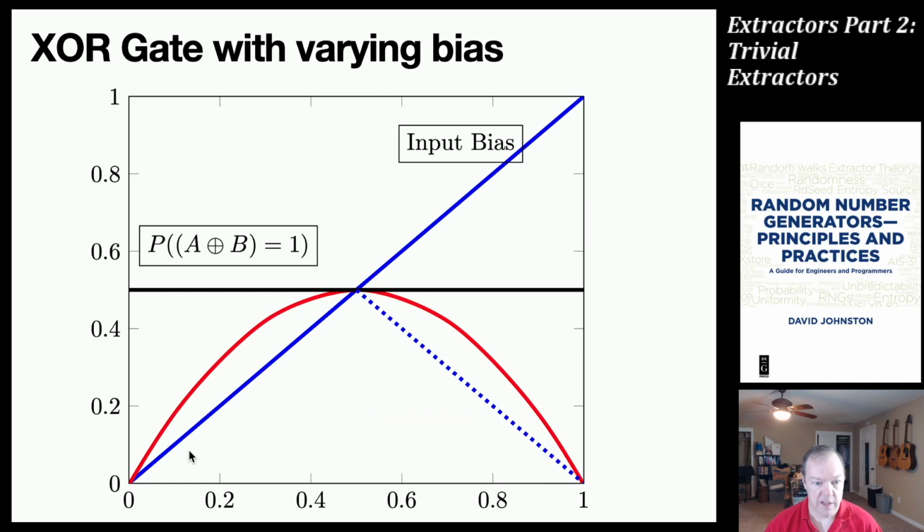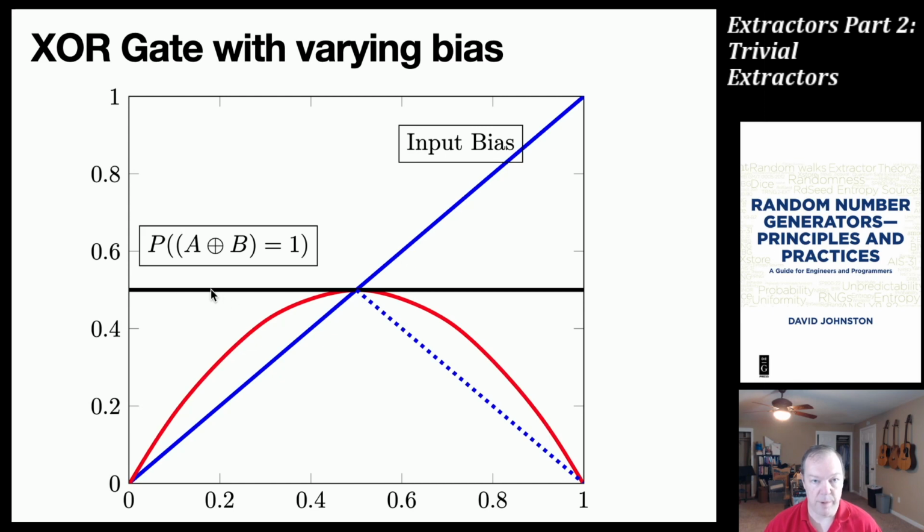If we draw this graphically with the input bias to each pin of the XOR gate, we've got this line of what we would get out if we were just looking at the pin, and the red line represents the output of the XOR gate, given the input bias on the x-axis. The 0.5 line here on the output, the y-axis is the output entropy. The 0.5 line is the perfect goal, right?